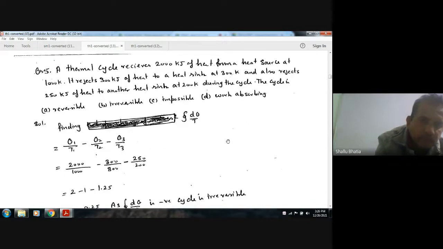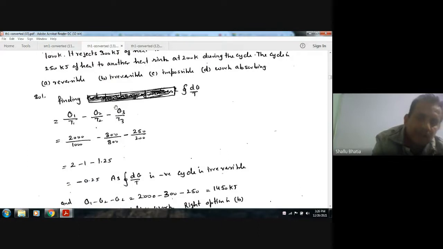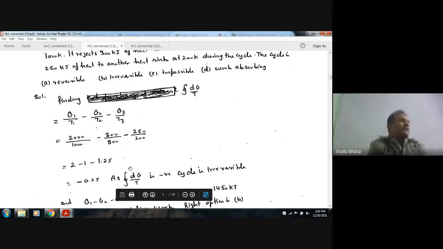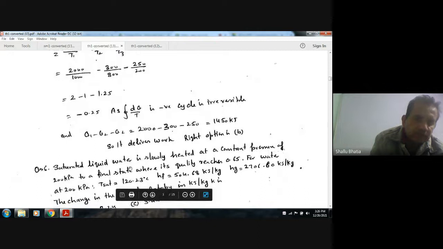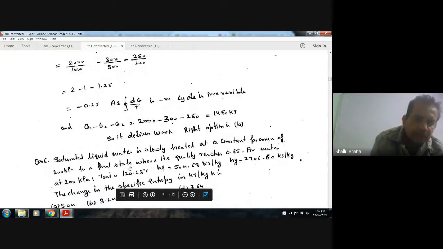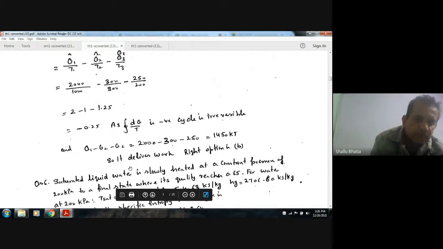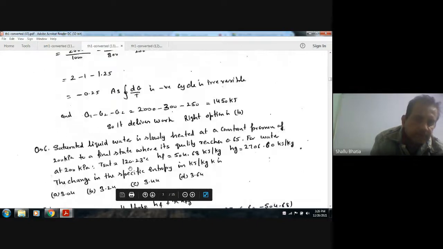So it is an irreversible cycle, since the cyclic dQ by T is not zero. It is coming out as negative, and if it comes out as negative, then the cycle is irreversible. So the right option is option B.